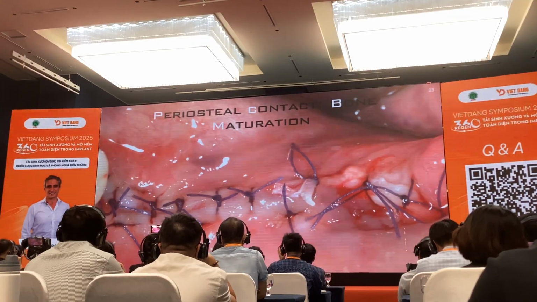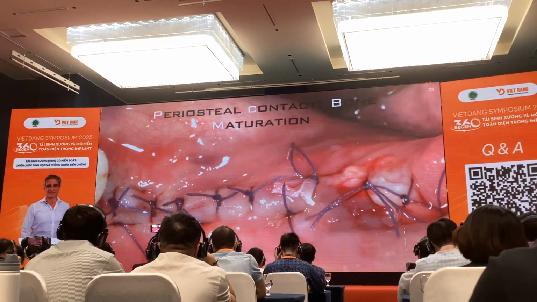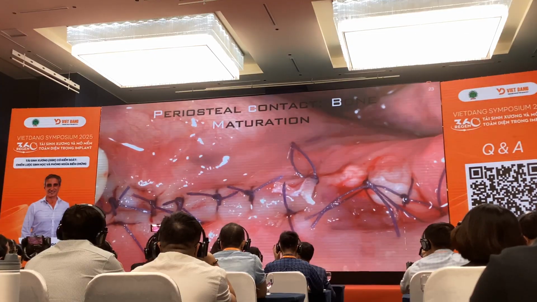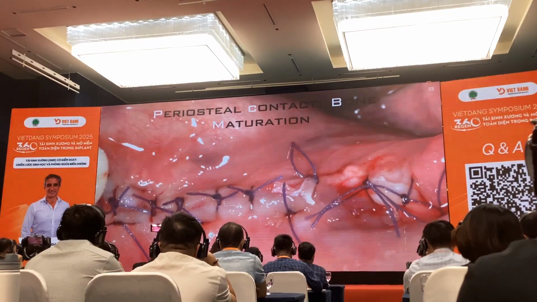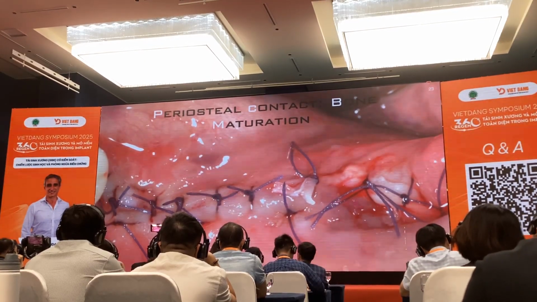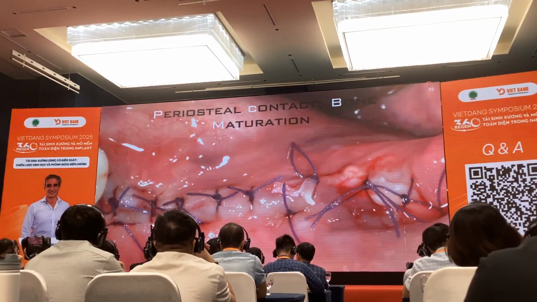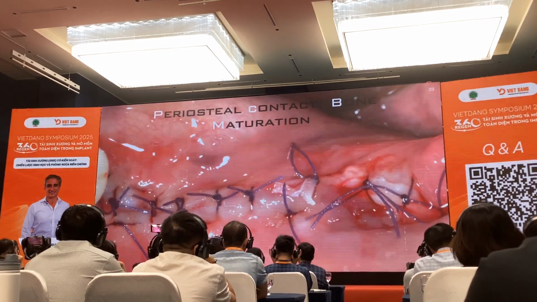Because in case that we should have the opening of the flaps over the top of this non-naturally regenerated bone, the risk of resorption would be very high. Because the bone is so delicate that in case of the opening of the flap, part of the bone could be resorbed. And so, if you don't want to have this kind of problem, you have to close perfectly the flaps at the time of membrane removal.